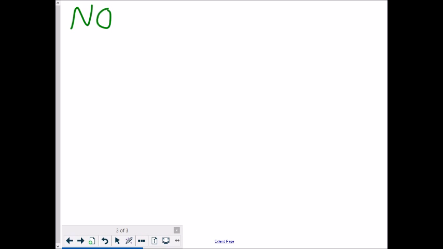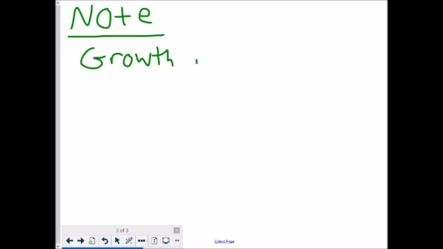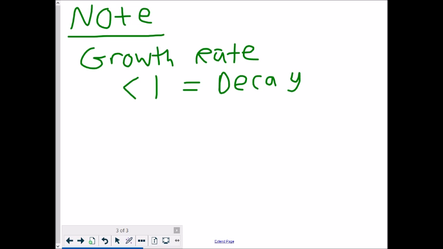Note, growth rate less than 1, decay. Greater than 1, growth.